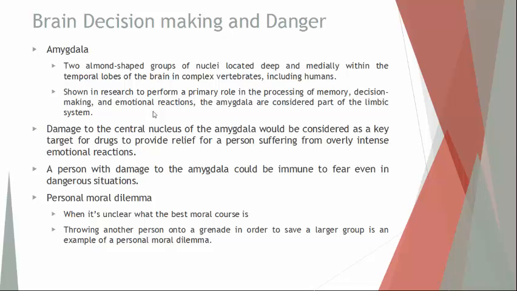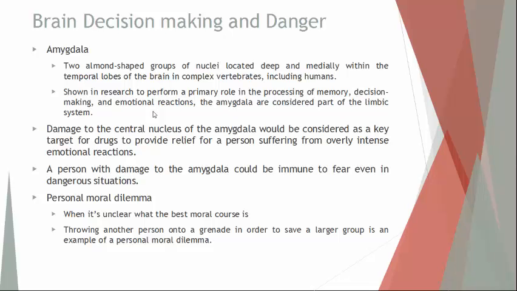Okay? Now, the central nucleus of the amygdala is considered to be a key target for drugs to help people who tend to have overly intense emotional reactions, either incredibly over-the-top reactions or very understated emotional reactions, because how you respond to situations like that indicates how your amygdala is performing.